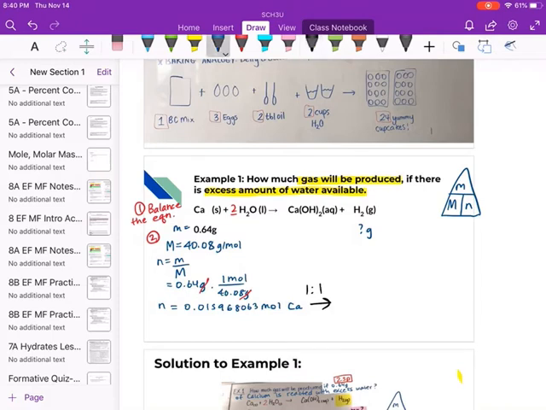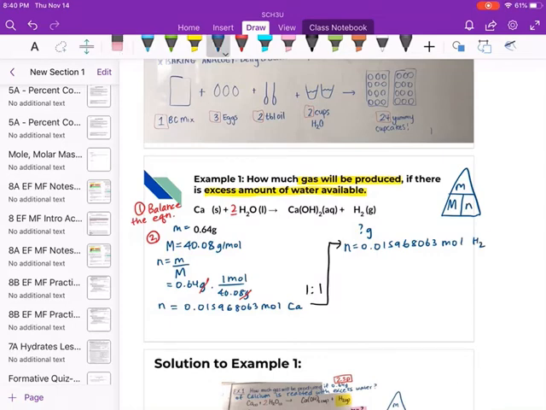So for the mole amount of hydrogen gas, I have that exact same number because it's a 1-to-1 ratio. So I have 0.015968063 mole of hydrogen gas.